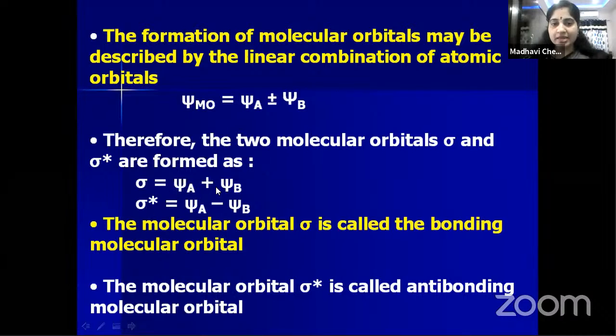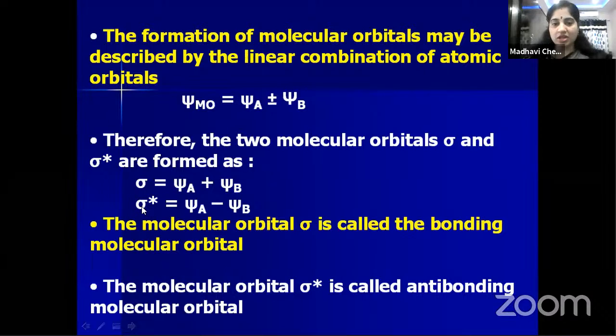See children, psi A and psi B are the wave functions. When the wave functions of these atomic orbitals are added, it gives bonding molecular orbital. If a subtraction takes place between the two atomic orbitals, then it gives anti-bonding molecular orbital, that is sigma star.